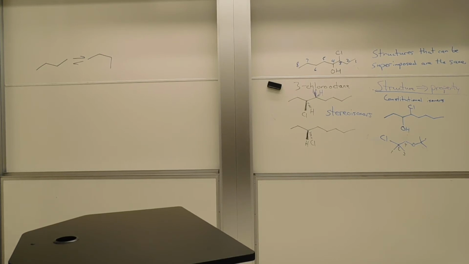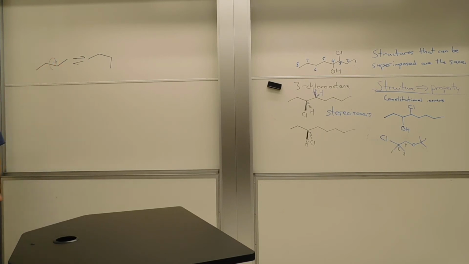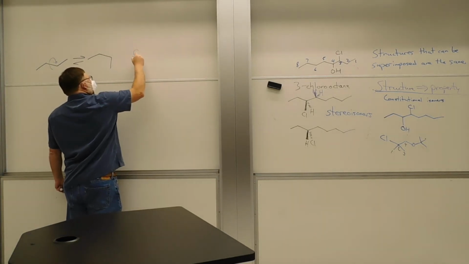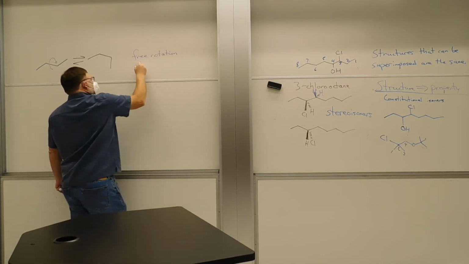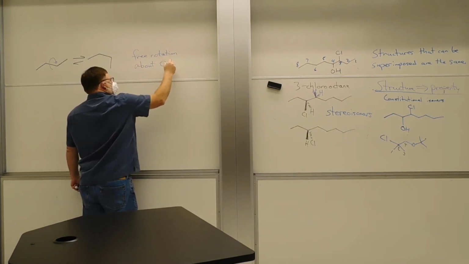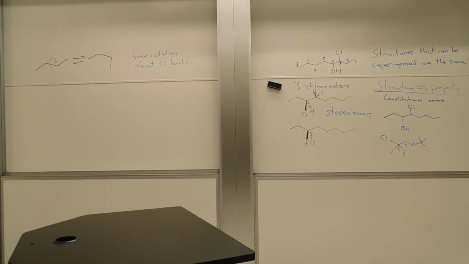And the reason it can do this is the molecule can freely rotate about that single bond. And this is true of essentially 99.99% of the molecules you'll ever see. Carbon-carbon single bonds, actually any kind of sigma bond, molecules can freely rotate about that. If all you have is a single sigma bond, the molecule will freely rotate about it.